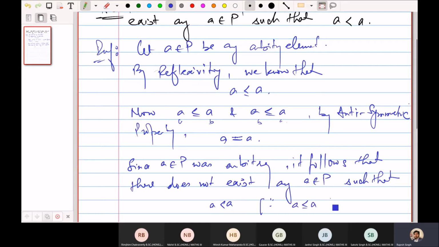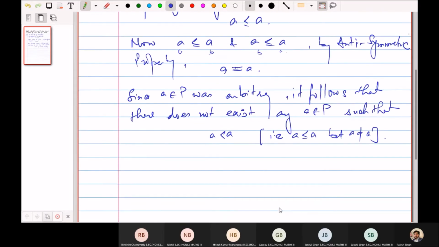A is related to A, but A is not equal to A. ठीक है? Is this result clear to everyone? Yes, sir. It was simple. So इस तरह के ही proof लिखने होंगे तुम्हें, इस तरह से ही construct करना होगा.